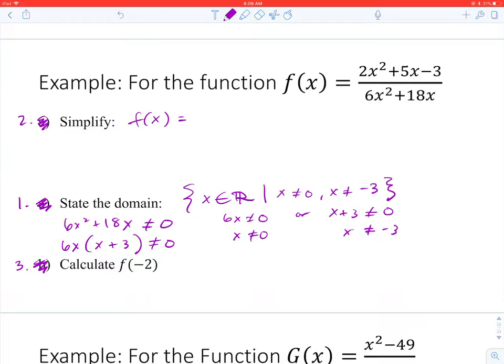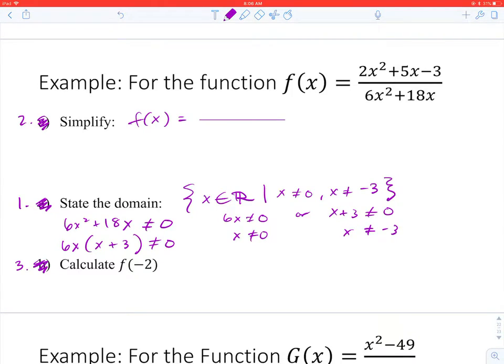So the graph will look very similar to the simplified version of the function, but there may be something, because of domain restrictions, something we refer to as a hole in the graph, versus something we refer to as a vertical asymptote. So that'll be useful. For now, we're just going to simplify and evaluate the rational functions. We're finding the domain, but in the future, you guys will be graphing these types of functions.